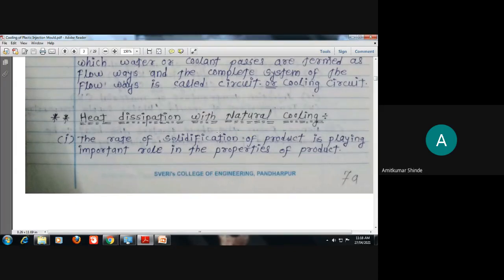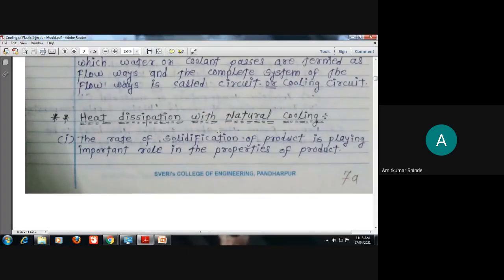Okay, depending on the rate of cooling, rate of solidification changes, and this rate of solidification decides the properties of the final finished product. Okay, and now this solidification rate will depend on the mold plate temperature. Okay, as we are cooling that mold, temperature of that mold plate plays a very important role in the rate of solidification.